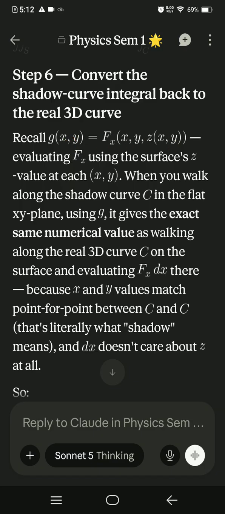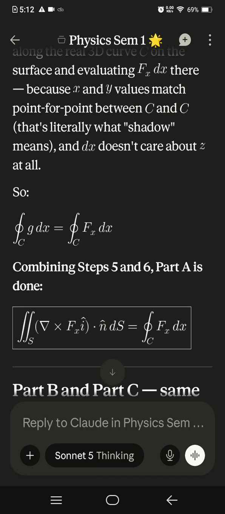I don't remember actually. Function in xy and that, what is this? I don't understand step 6.